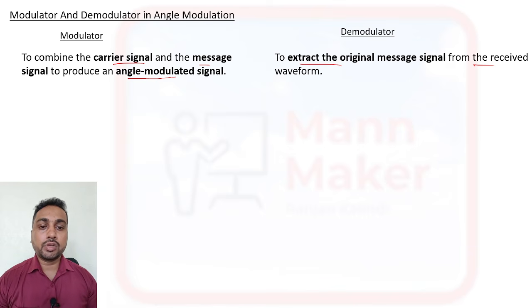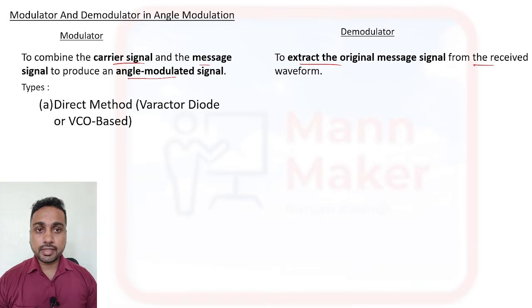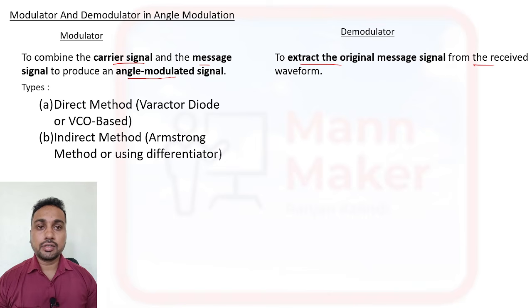In an angle modulator, we have a direct method for modulation, and an indirect method. In the indirect method, we have the Armstrong method and the differentiator method. The Armstrong method is generally used for FM, and the differentiator method is generally used for phase modulation.